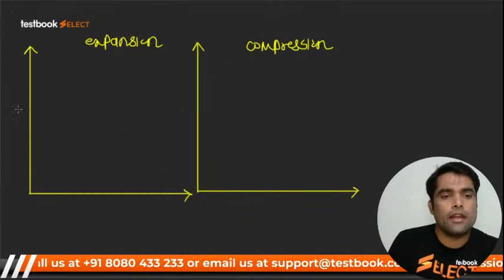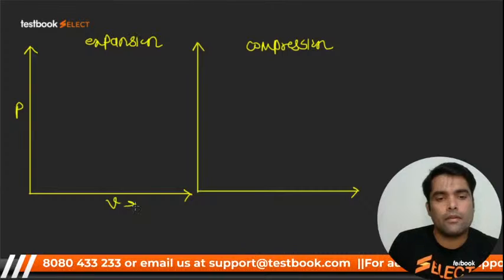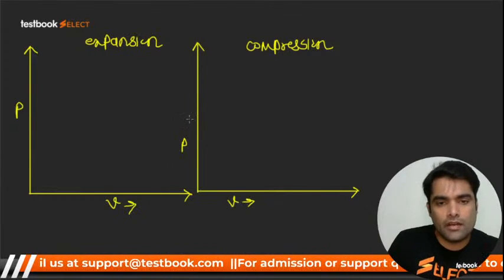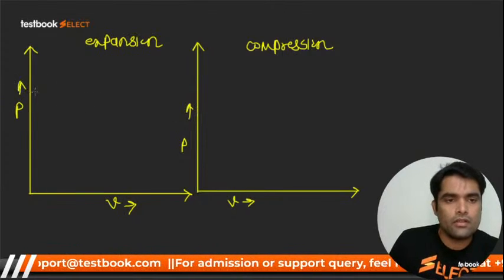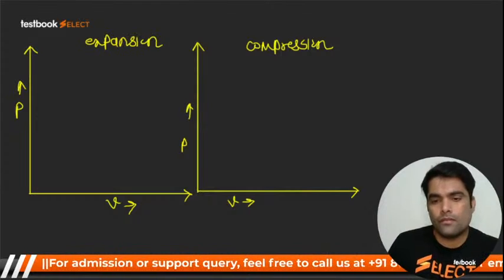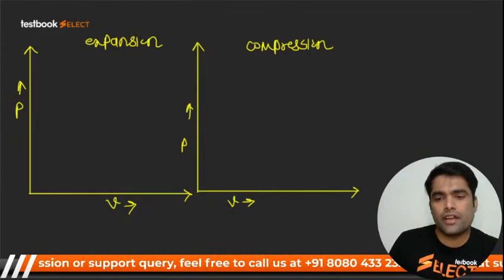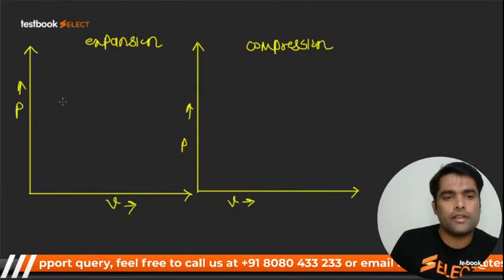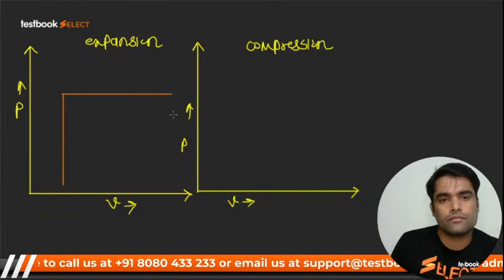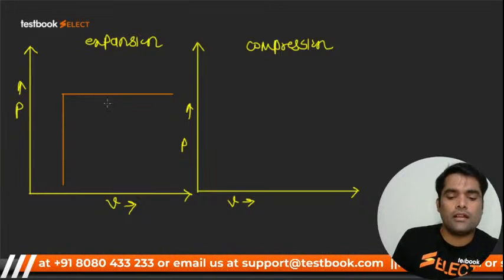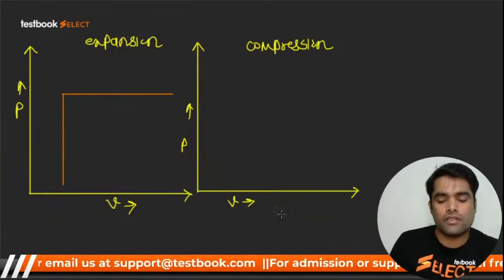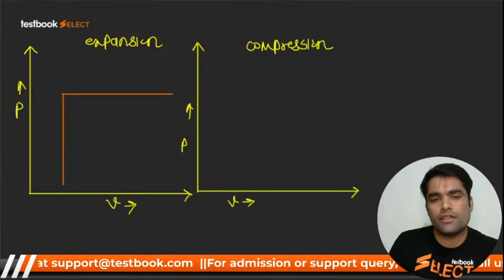Okay, and how it looks in PV diagram, that we are going to see, my dear. It may be asked in the exam for 1 mark. Okay, and another question is also generated from it, don't worry. It is like this. I'll draw, don't worry. Let me draw the first process, then I will let you know each and everything one by one.